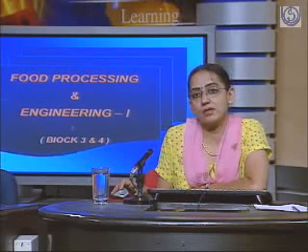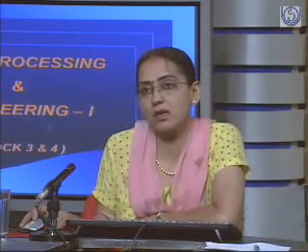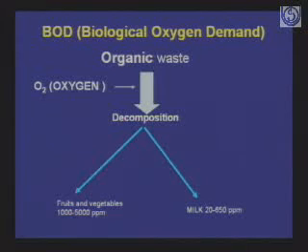Now I would like to remind you that it's very important to remember some important points, like what is biological oxygen demand, what is clarification, what is enzymatic liquefaction, and what are the kinds of preservatives which you have to use, sodium benzoate, potassium metabisulfite. And in case of jams and jellies, always remember the pectin concentration and the kind of pectin which you have to use, because pectin is very important.